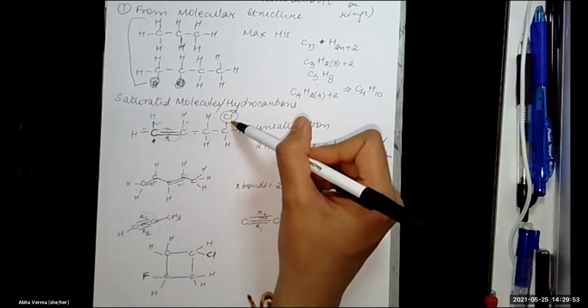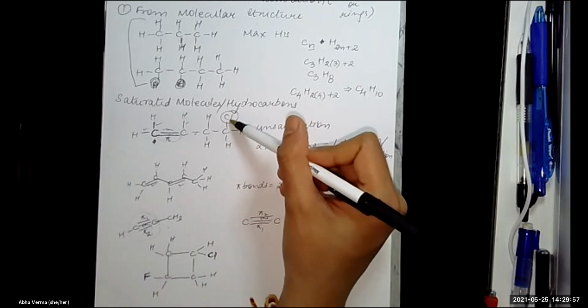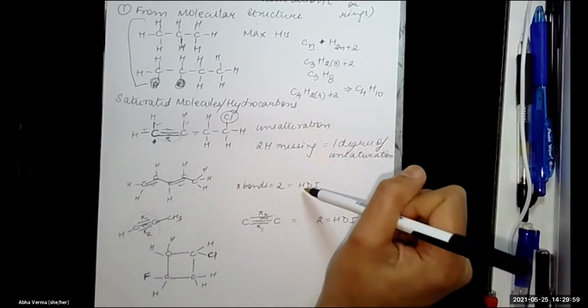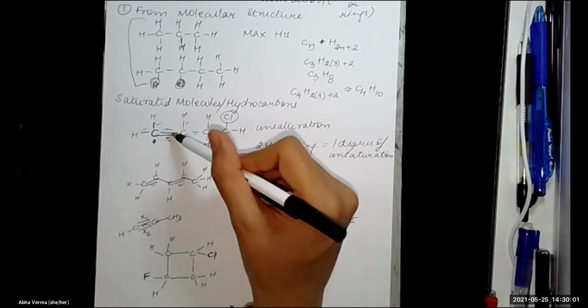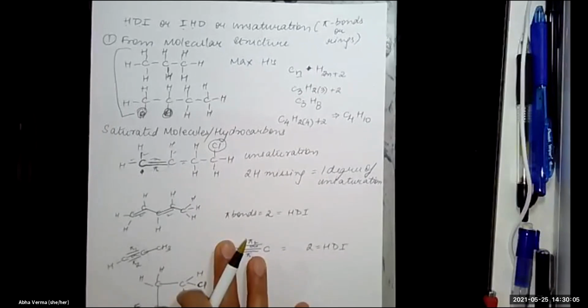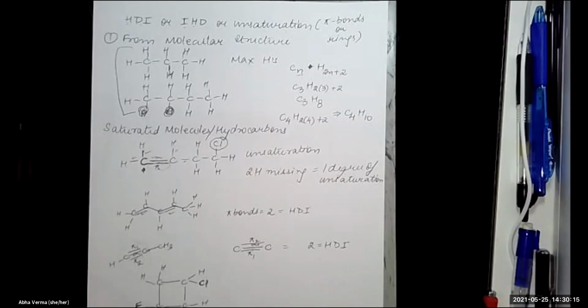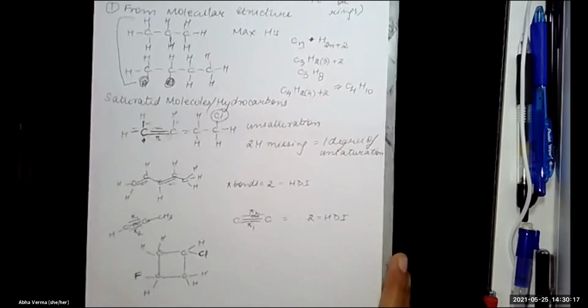For example, I had a halogen here also, but did I look at this when I was looking at my degree of unsaturation, or did I just look at the pi? You just looked at the pi bonds that were formed? Yes, yes.